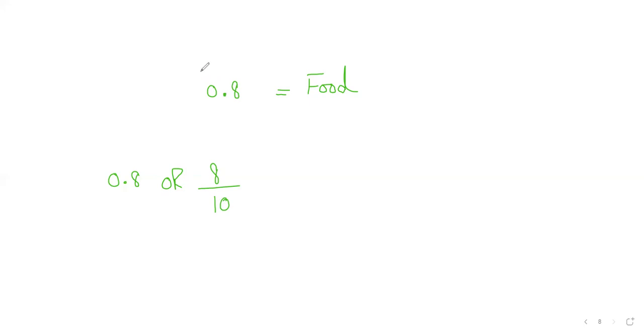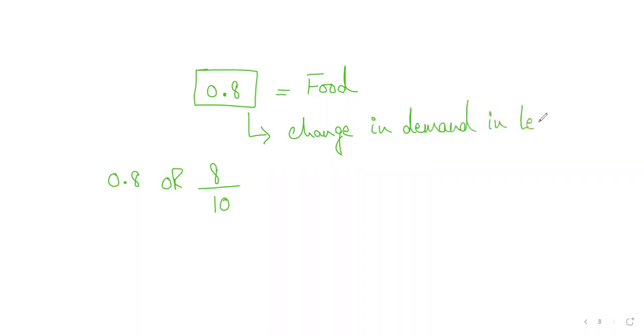Now, a value which is less than 1 means the change in demand is less than proportionate to the change in price. Less than proportionate, like smaller. I just told you, it means smaller.